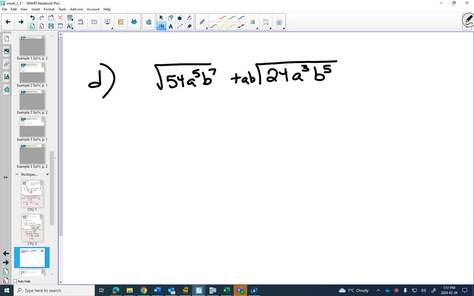Say we have this. I have the square root of 54 a to the 5 b to the 7 plus ab times the square root of 24 a cubed b to the 5. First of all, this one is a little bit interesting for where it's defined.